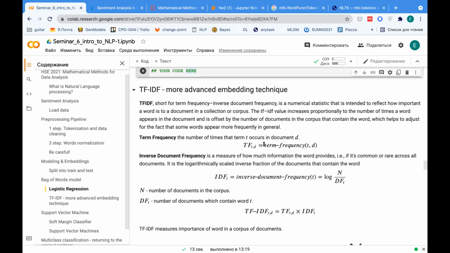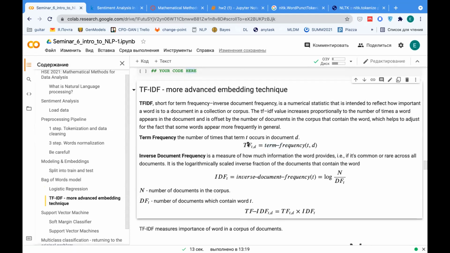We'll have some matrix. It's named term frequency, or TF. And another thing that we'll calculate is inverse document frequency. Actually, it's based on the number of documents in which we have this word. So again, we have some matrix, but here we calculate not document frequency, but inverse document frequency.